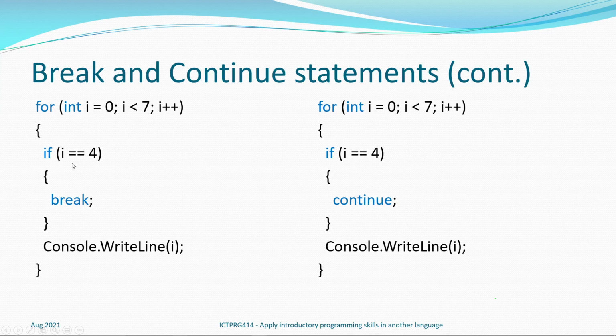So if i is equal to 4, or not equal to 4, break, and continue over here. So if that is true, it'll skip and then go through again.